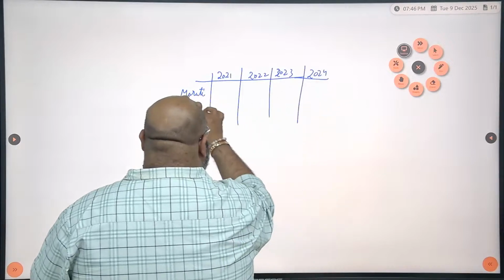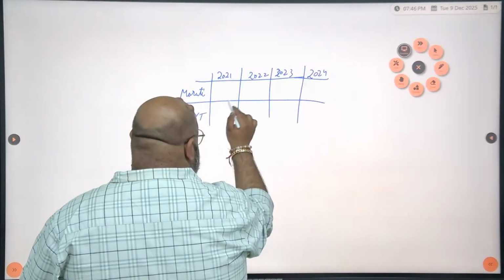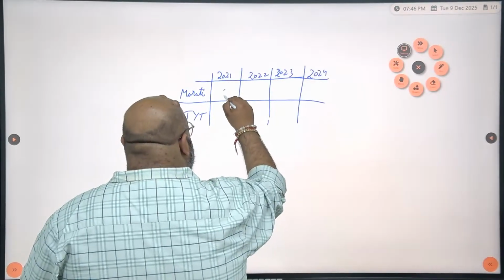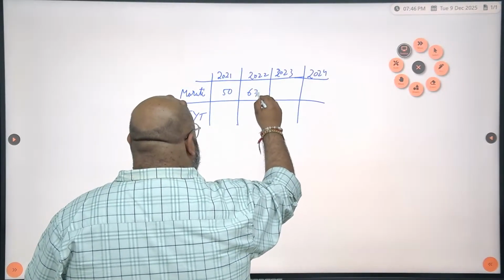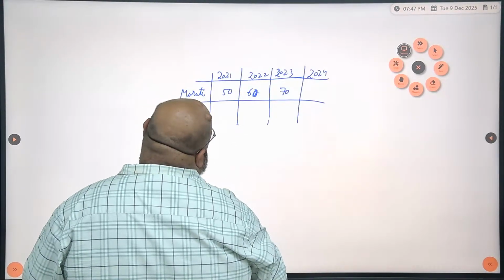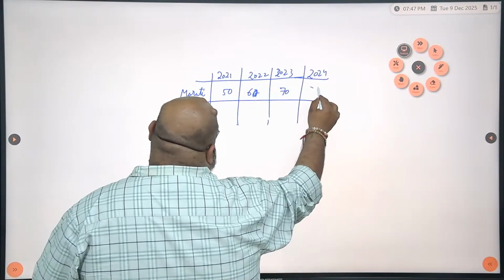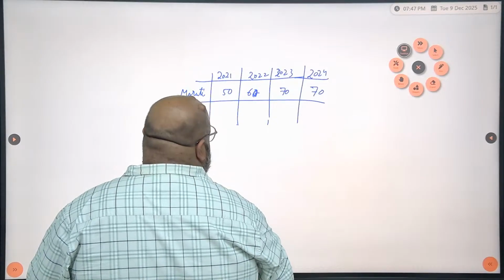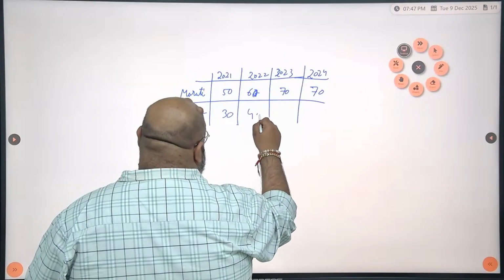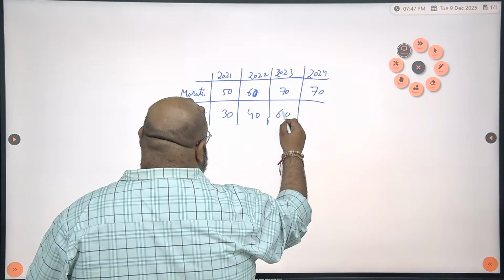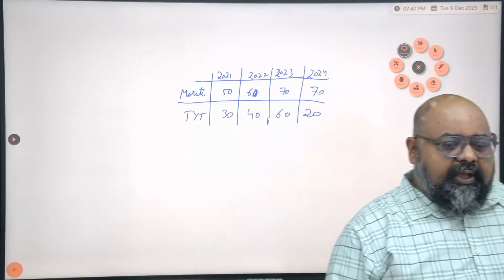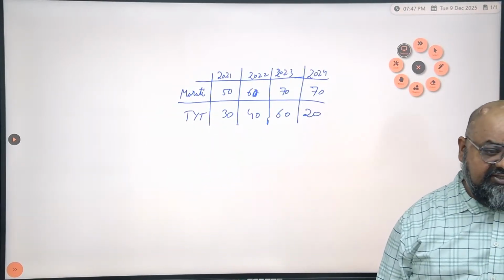Similarly, there is another company, say Toyota, उसकी भी same वो है sales numbers. This is suppose 50, 60, 70, and 70. This is suppose 30, 40, 60 and 20. These sales are in rupees 1000. How do I represent this data on a pie chart is the question.